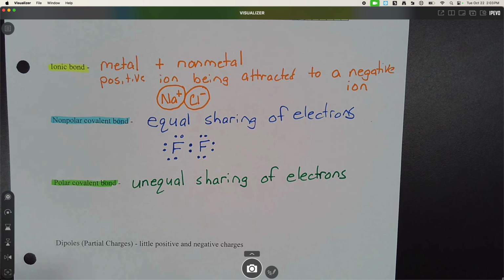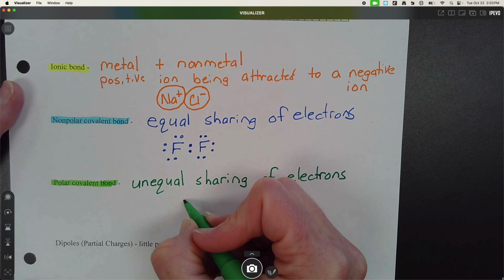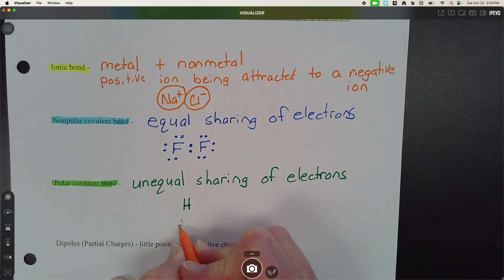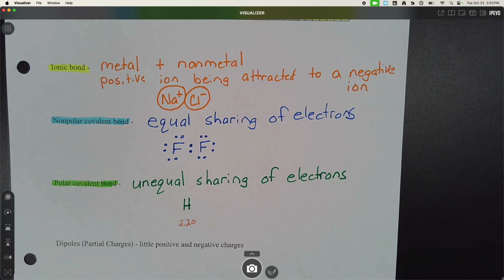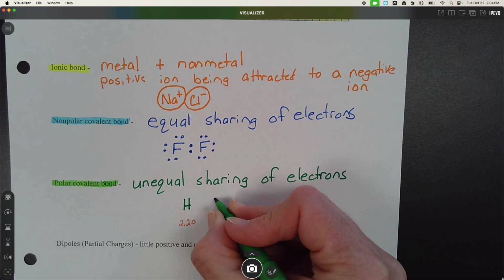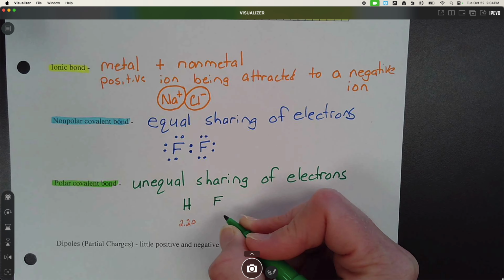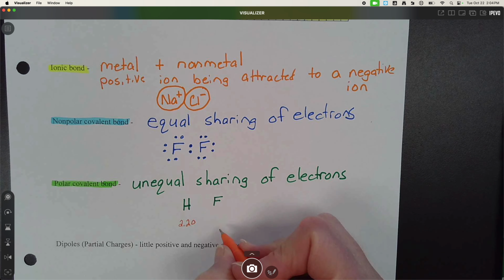This is the case where one element is more electronegative than the other, but not so much so that it can take the electrons all together, just enough that it can pull those shared electrons a little bit closer to itself. Good example of this one is the hydrogen-fluorine bond. Hydrogen has an electronegativity of 2.20, whereas fluorine has an electronegativity of very large, about 3.98.